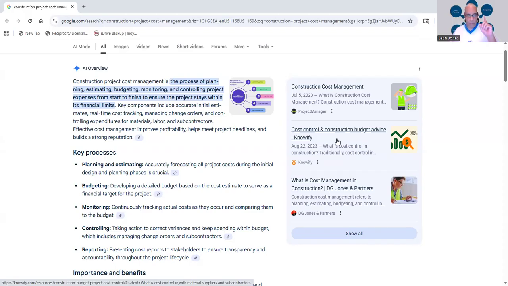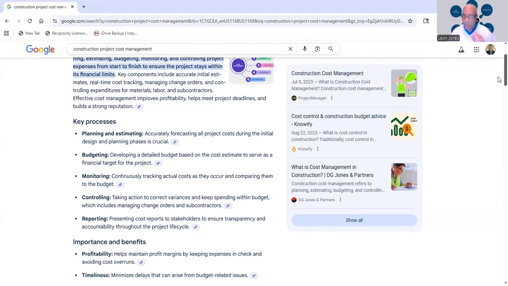So, there are 5 key processes. And the first one is, of course, planning and estimating. And when you plan and estimate, well, what you have to do is accurately forecast all project costs during the initial design and planning phases. And it's very crucial that you understand and you do that. Then budgeting.